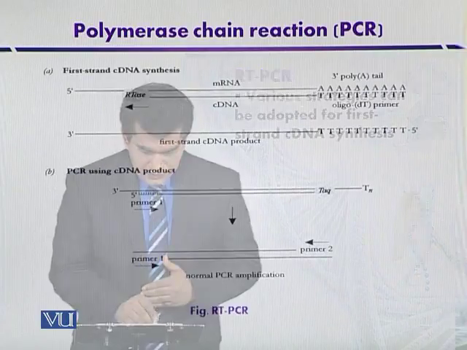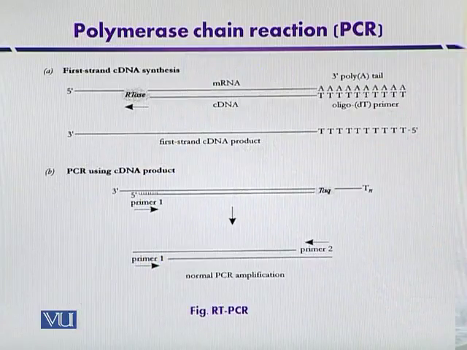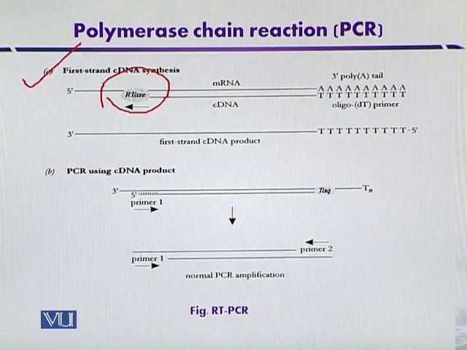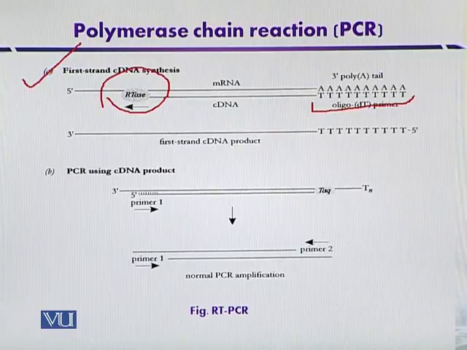So the basic reaction we can explain with the help of another diagram, how we can synthesize the cDNA. The first step is the first strand cDNA biosynthesis, and the reverse transcriptase enzyme is involved here, and this is the thymine primer that is complementary to the adenine residues. So ultimately it will lead to the synthesis of the first strand of cDNA.